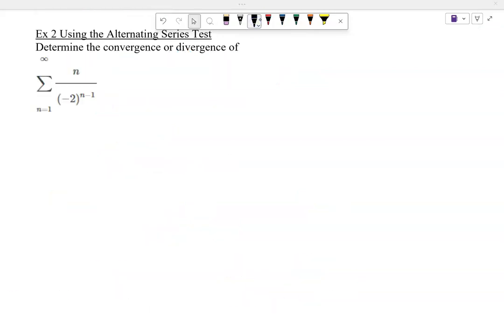Now let's take a look at this one. Determine the convergence or divergence of this series. And let's make sure that this thing alternates. Let's let n be 1. If n is 1, I get 1 over -2 to the 1 minus 1, or 1 over -2 to the 0. So anything to the 0 is 1.